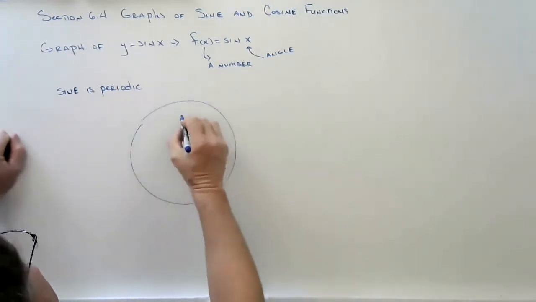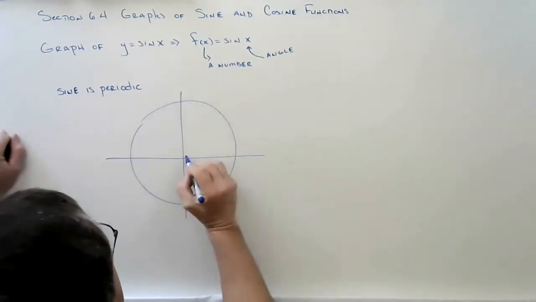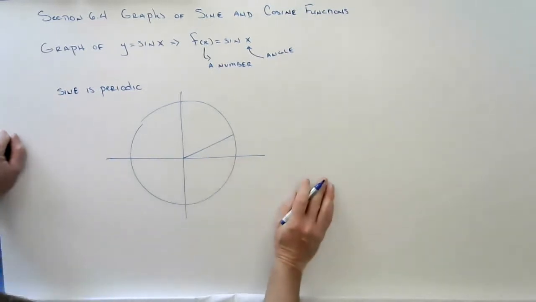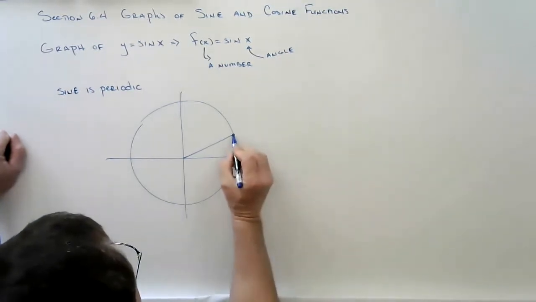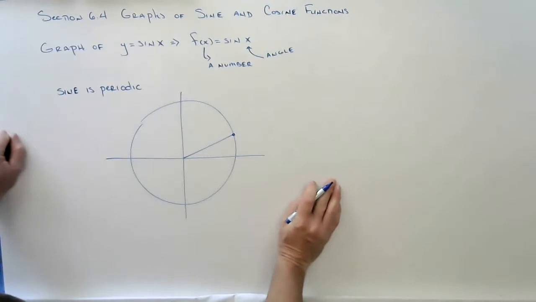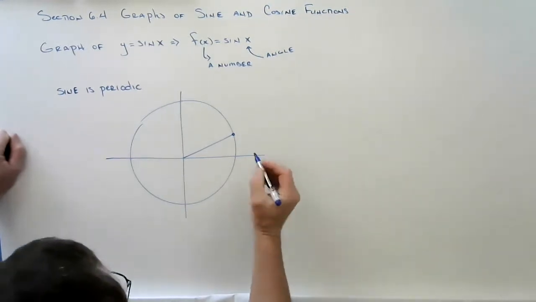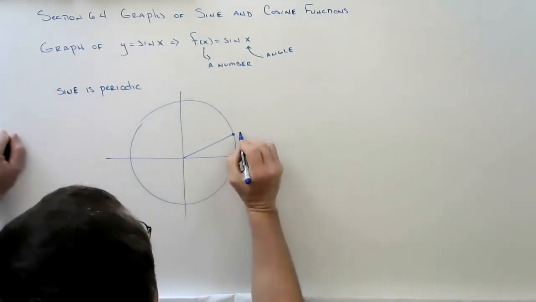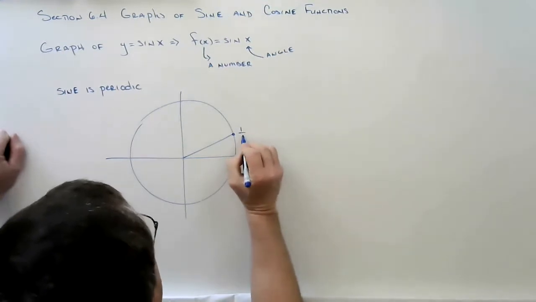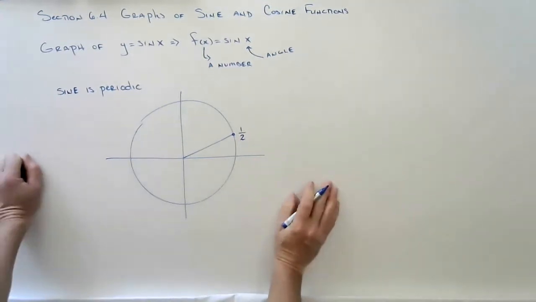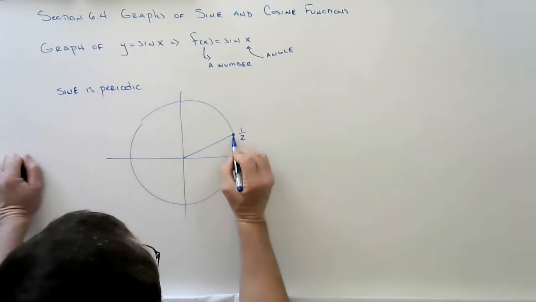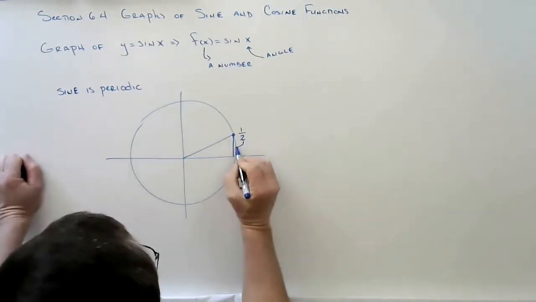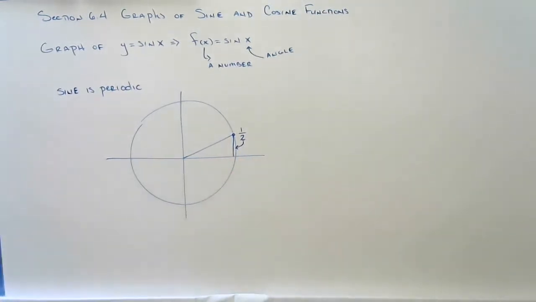We've seen that when we've drawn a circle and we have pi over 6 right here. We know that the sine of pi over 6, based on what we just did, turns out to be 1/2. So that is 1/2. And that's pi over 6.